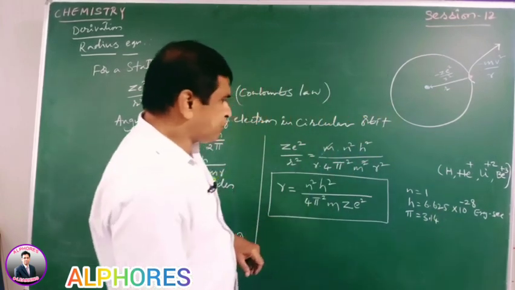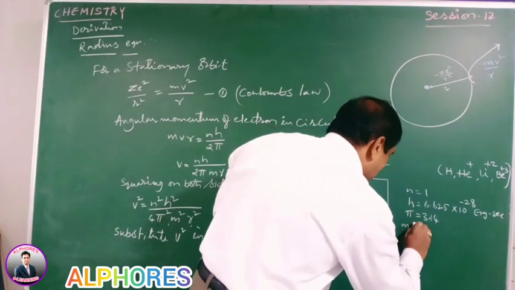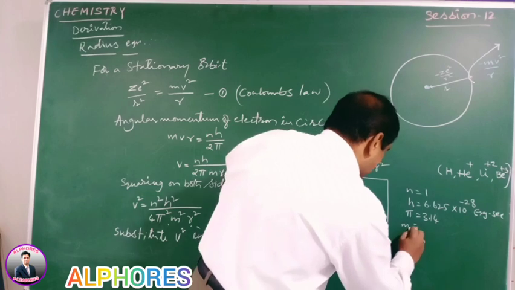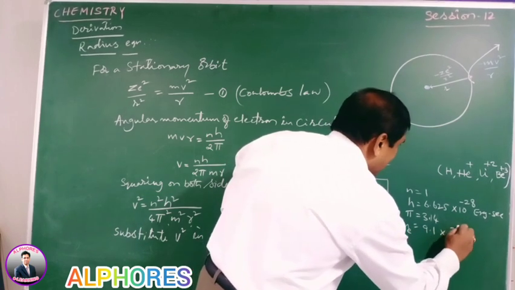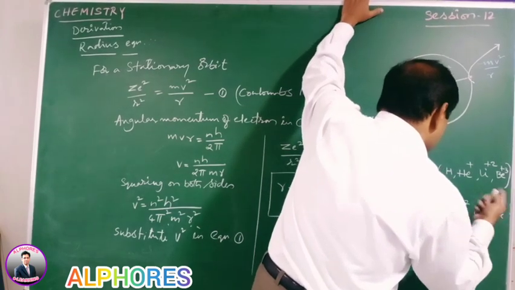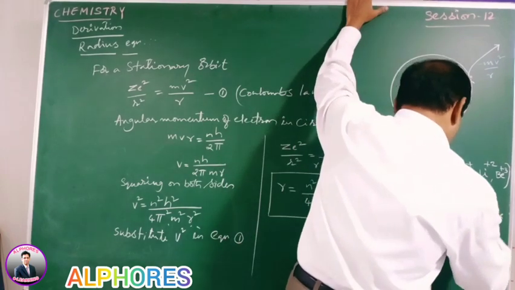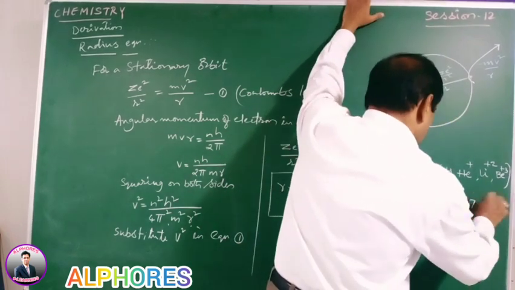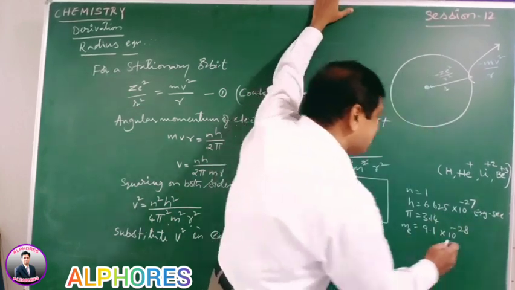Then m is the mass of the electron, that is 9.1 into 10 to the power minus 28 grams.